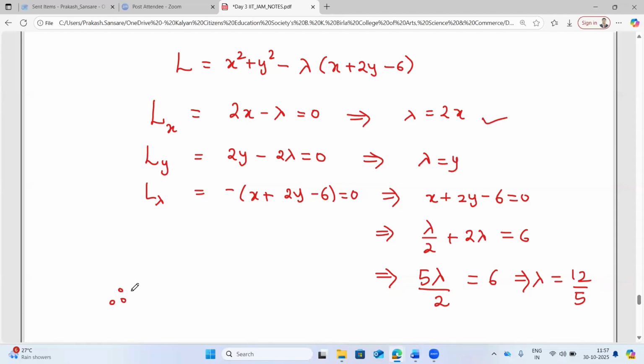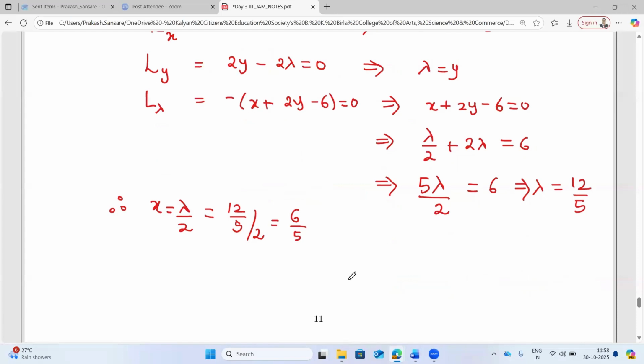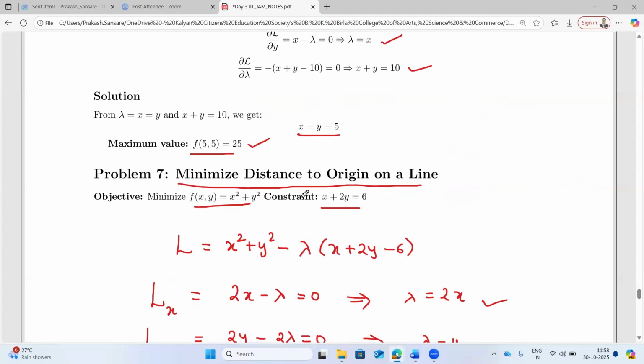Therefore, x is equal to lambda by 2, which is equal to 12 by 5 by 2, which is equal to 6 by 5. And y, what is y here? My y is lambda only, so it is 12 by 5. Then they have asked you to find the minimum value.